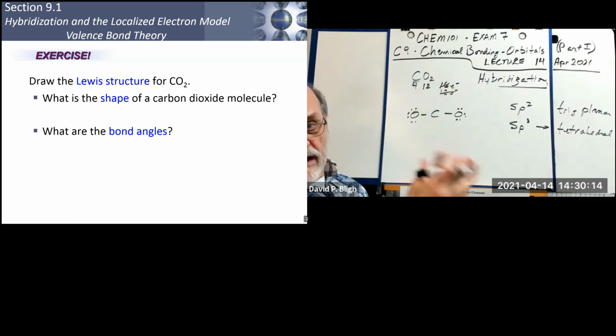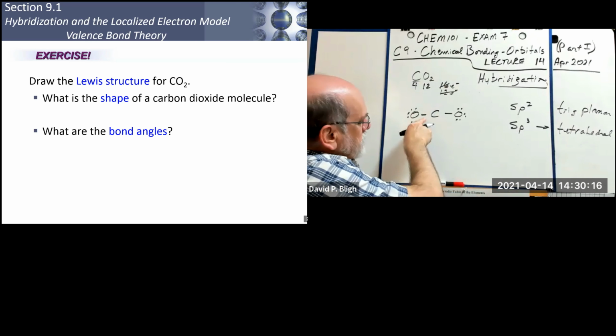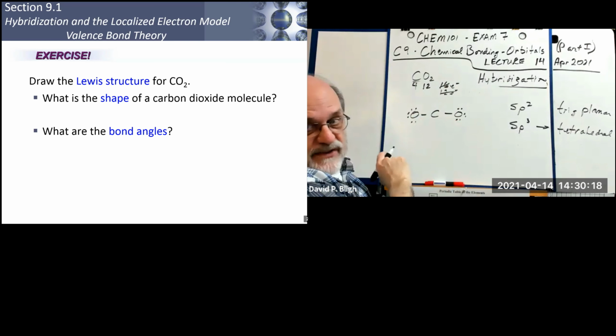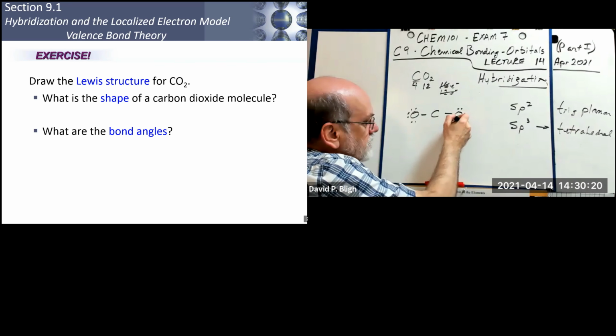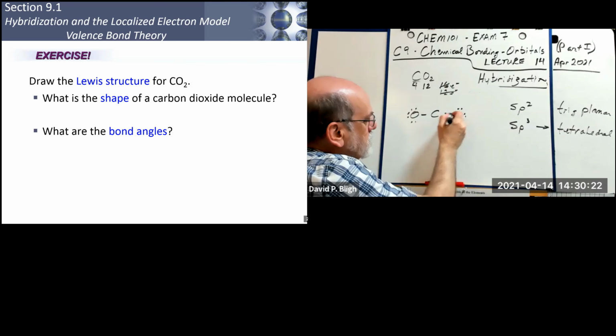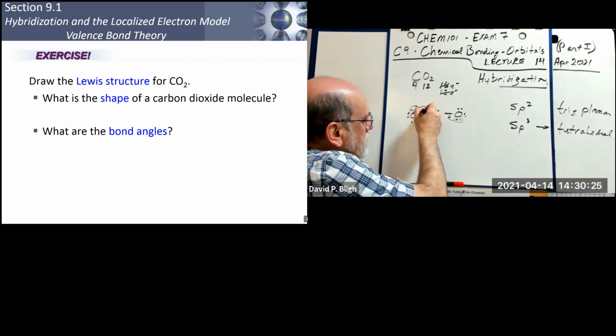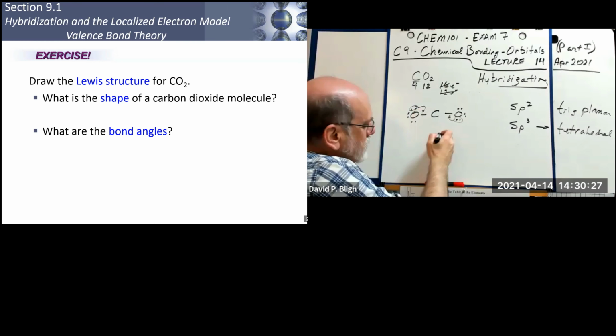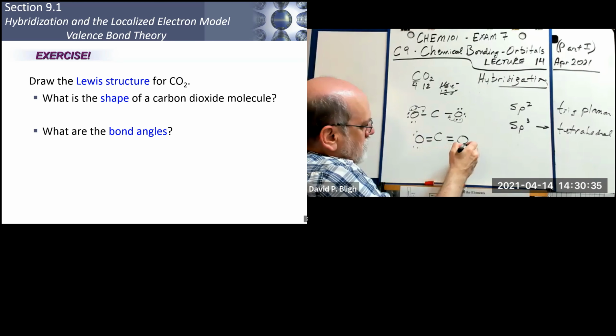Now we just need to make octets. So oxygens have octets, but carbon doesn't. So we just take one of those here and say one pair there and one pair there. So that gives us, there we go.